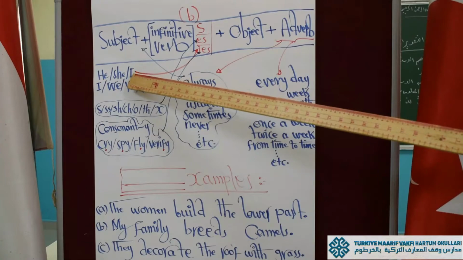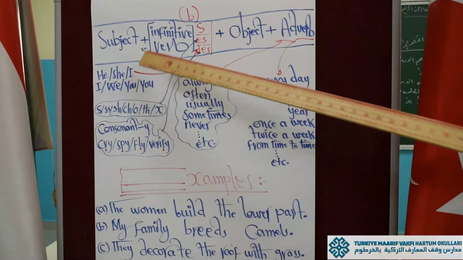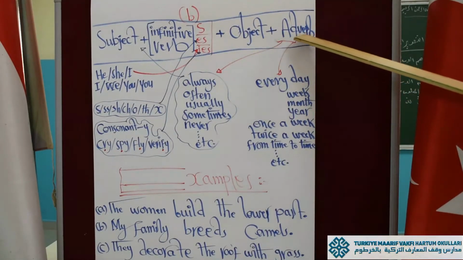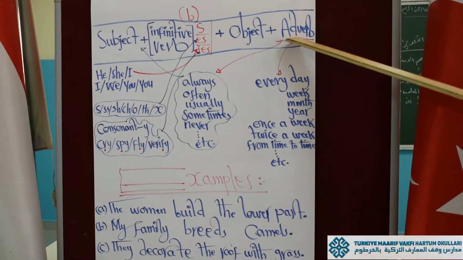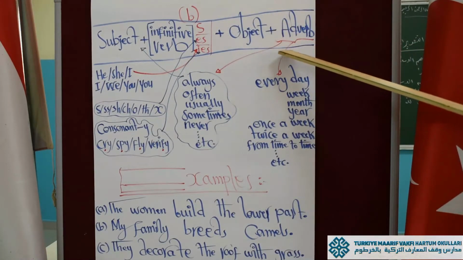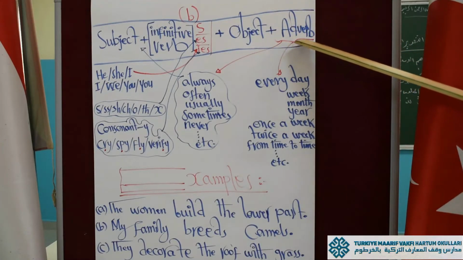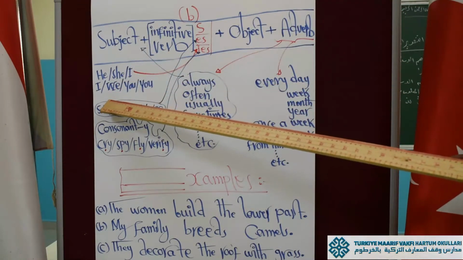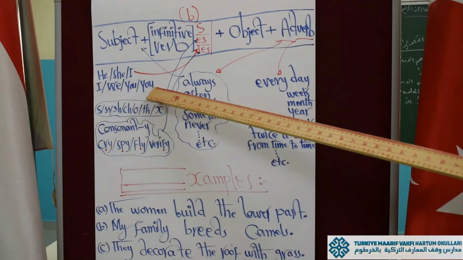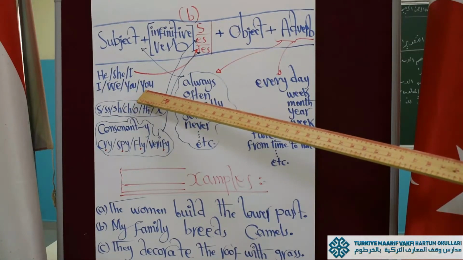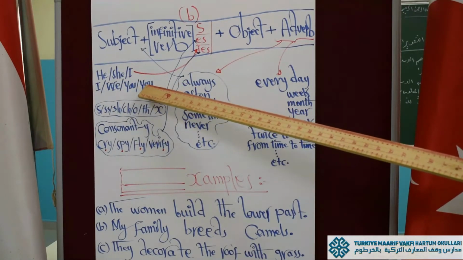So let me tell you once again that it is it, not I. Plus object, plus adverb, usually the time, expression of the place, expression to tell me where and when or how something happens. That's it.